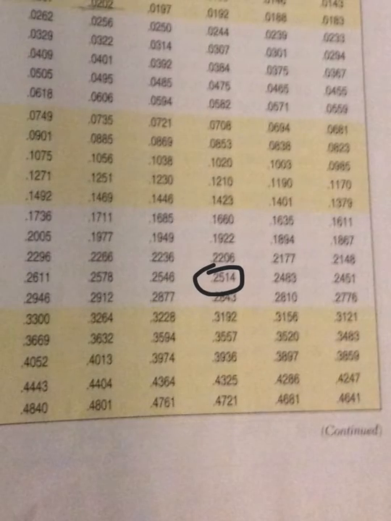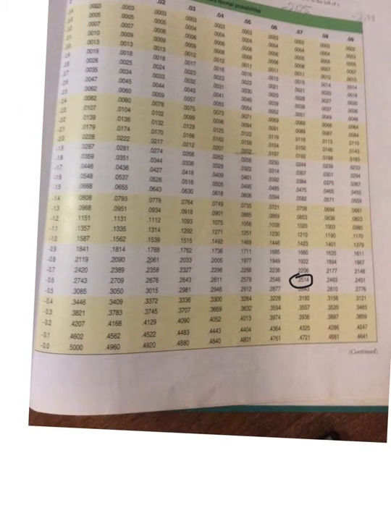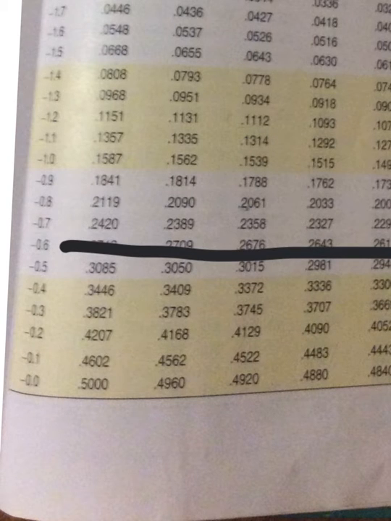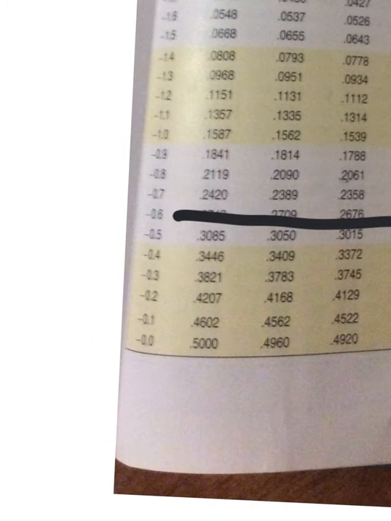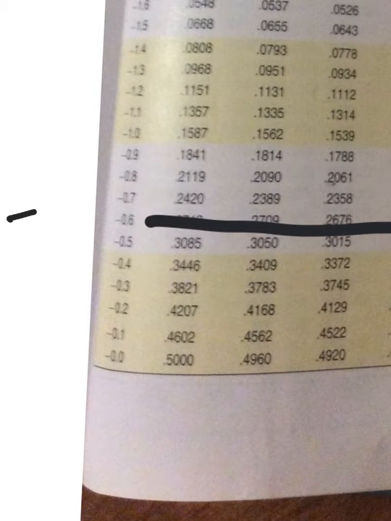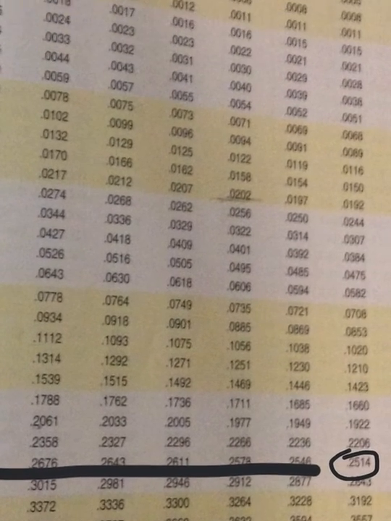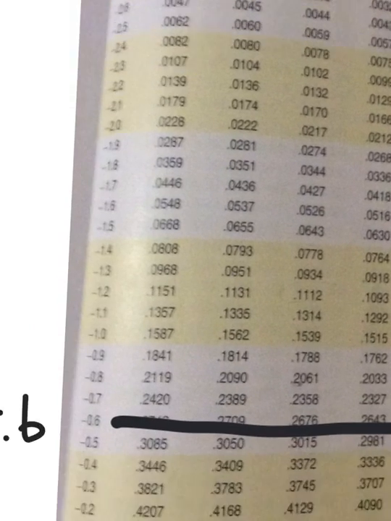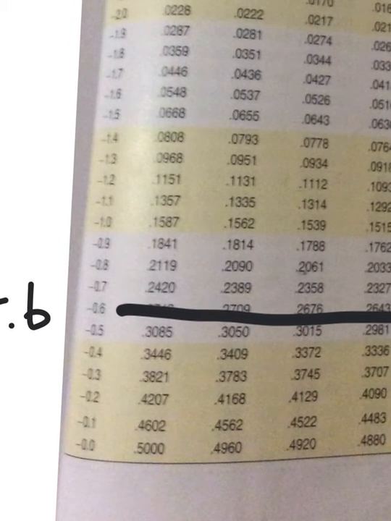0.2514. Now I have to figure out the z-score, so I go across the table. It looks like negative 0.6, and then on the top, 0.07. So negative 0.67. I went across and up.